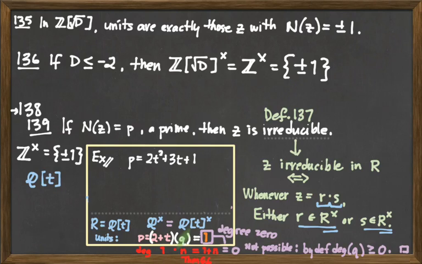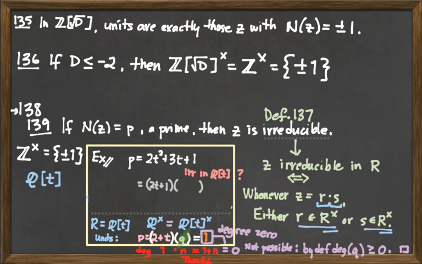I want to know, is it irreducible as an element of Q adjoin t? How will we know? Because we can factor it. Well, can we factor it? 2t plus 1 and t plus 1.